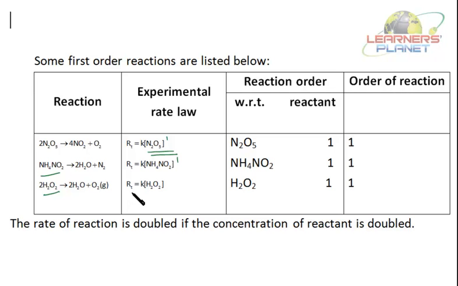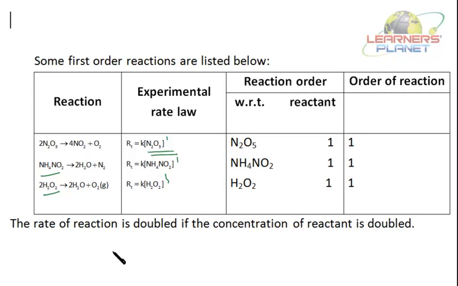That is, the rate of reaction is proportional to the change in concentration of hydrogen peroxide raised to the power 1. That is, the change in their concentration is affecting the rate. In this case, the stoichiometric coefficient is also equal to the actual coefficient.